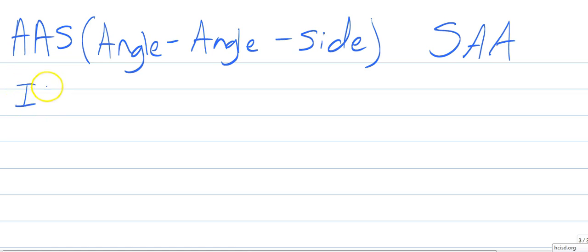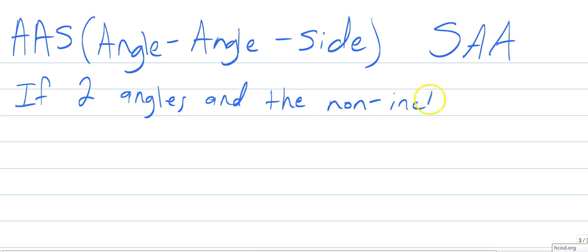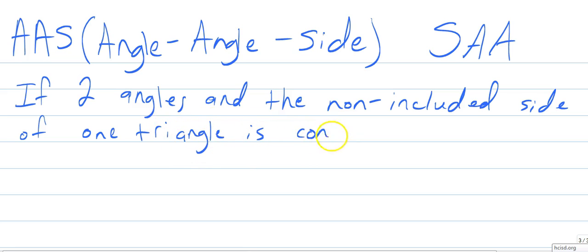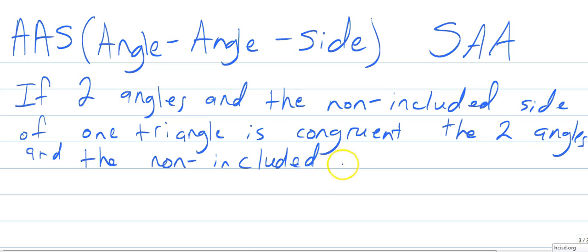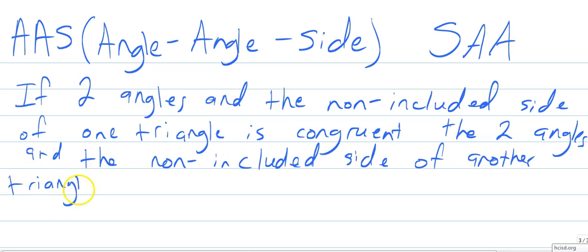And this one means, or the definition is, if two angles and the non-included side of one triangle is congruent to the two angles and the non-included side of another triangle, then those two triangles are congruent.